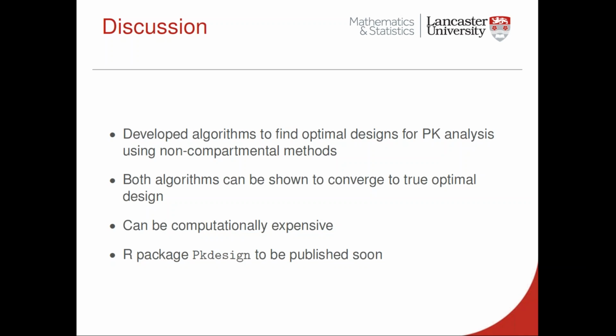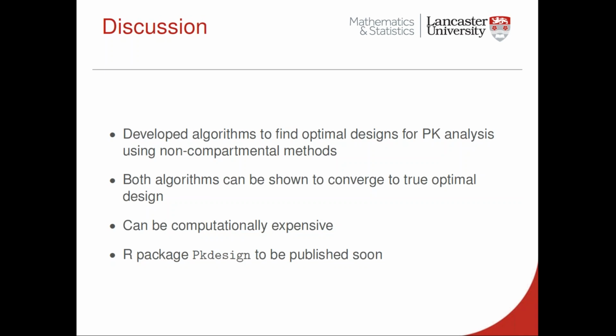So what I've talked about is two different algorithms that are hopefully useful to find optimal designs for PK analyses using non-compartmental methods. What I haven't shown is that you can actually mathematically show that both algorithms will converge to the true optimal design as long as you consider a large enough number of resamples.